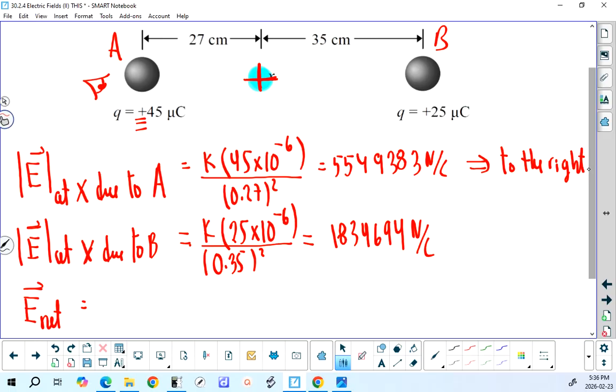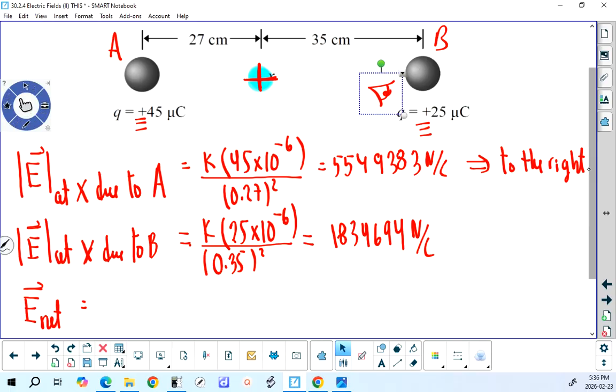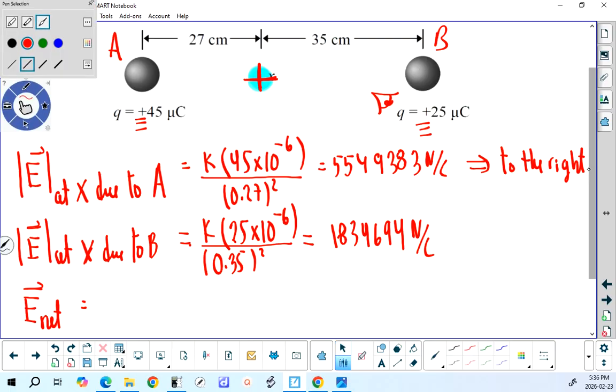And then I ignore A and I cast my gaze over here at B, and I say, well, B is positive. B is also a positive source charge. And I say, well, now I look over at this thing in the middle. Oh, right, it's a positive test charge, and it's a positive source, so the electric field at X due to B will be away from B, and that means that this will be to the left.